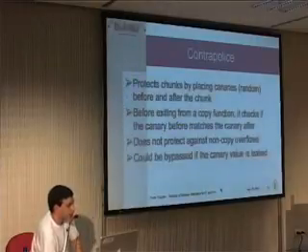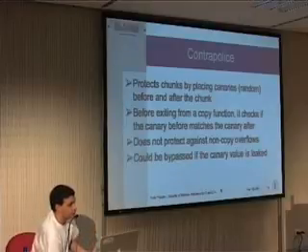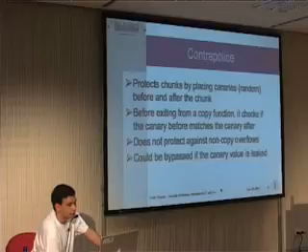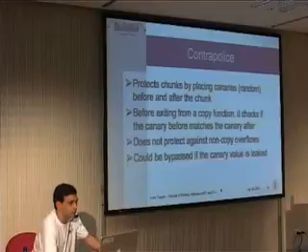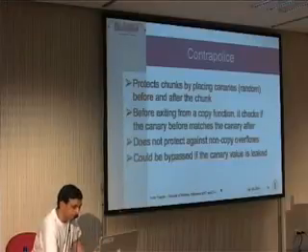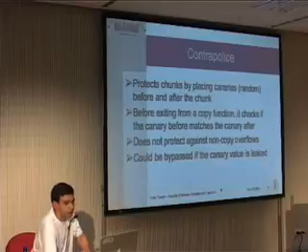ContraPolice protects the heap by placing a random value before and after the chunk. And unlike Robertson's heap protector, which modifies malloc and free, this modifies the copy functions, like strcpy, memcpy, and so on. It checks if the canary before matches the canary after before executing the copy function.